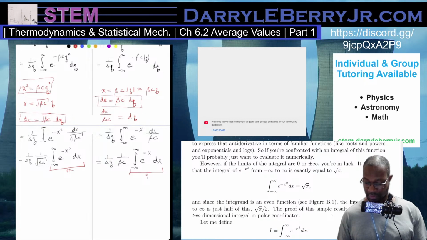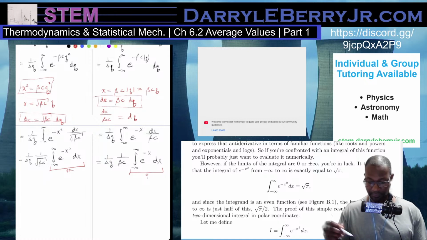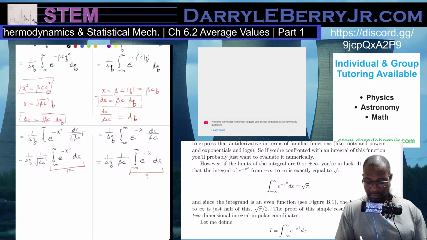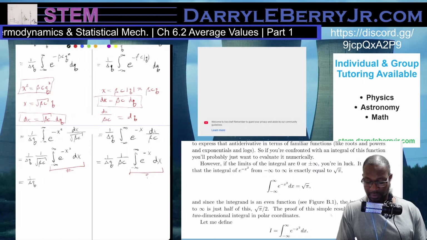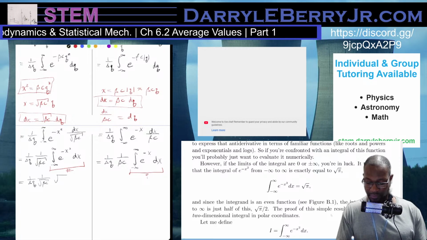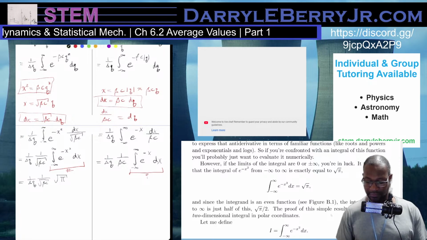All right, well, it just says what it equals. So this becomes 1 over square root of q, 1 over square root of bc, square root of pi.